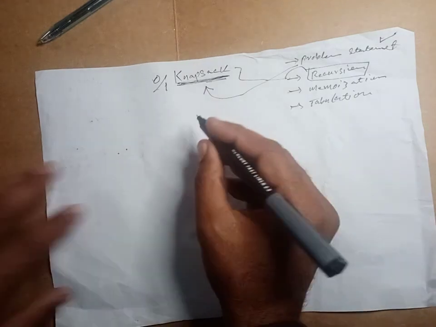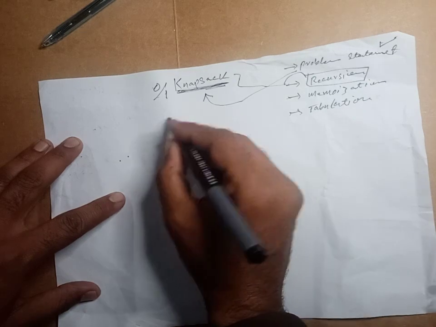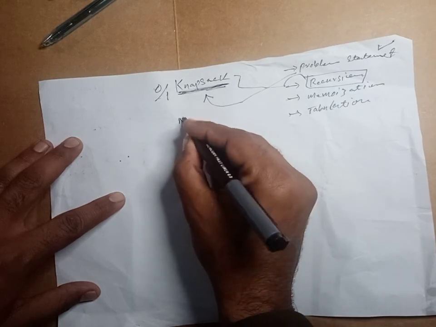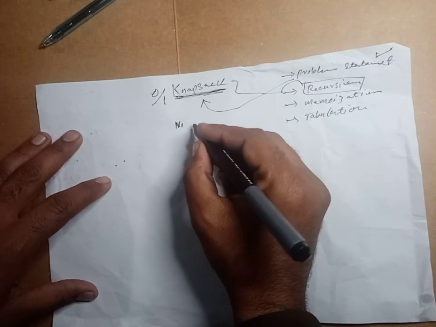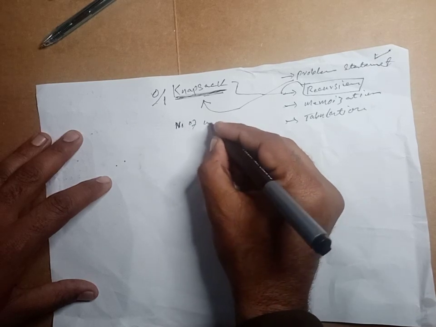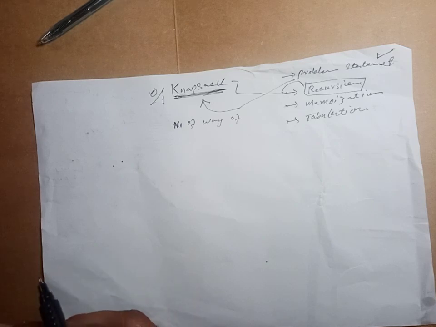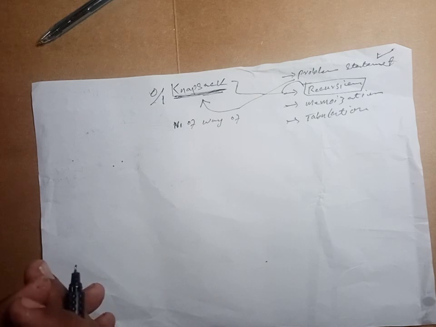For example, in combinatorics, as I already told you in the previous video, we had to find the number of ways, like in unique path, which I have discussed in detail, the number of ways to reach from one point to another. So it was a unique path problem, and I discussed it in detail.